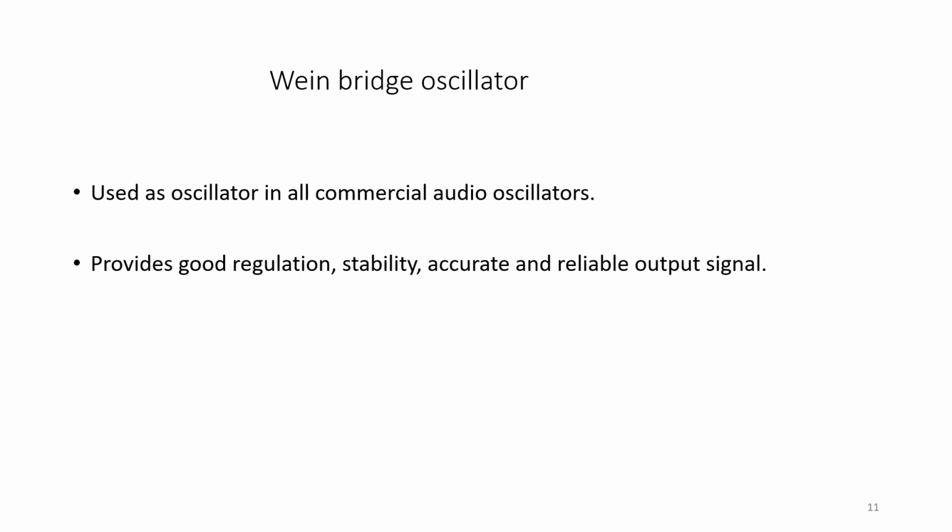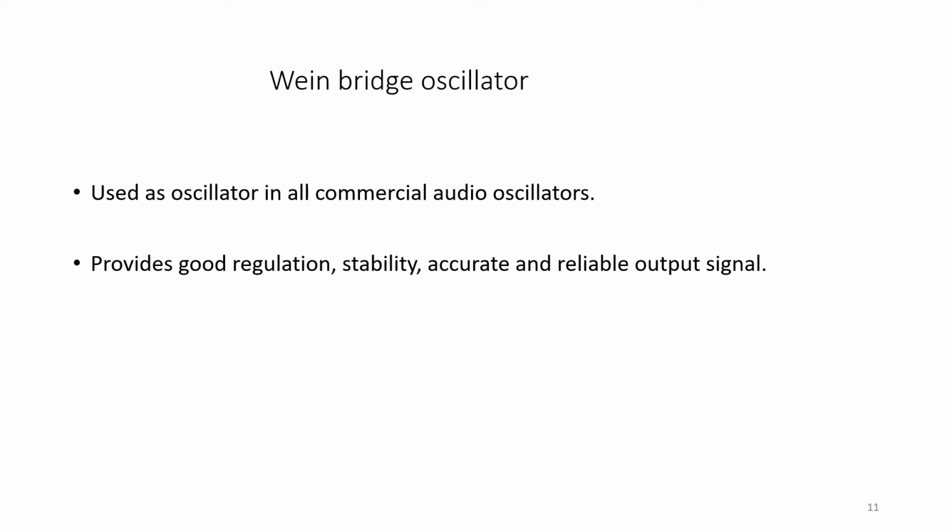The Wien bridge oscillator is the common oscillator used in all commercial audio oscillators because it provides good regulation, stability, accuracy, and it is also reliable. Regulation, stability, accuracy, and a reliable output are important.